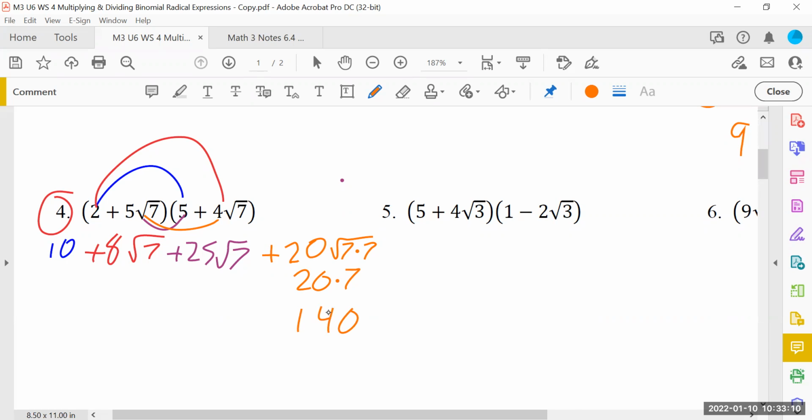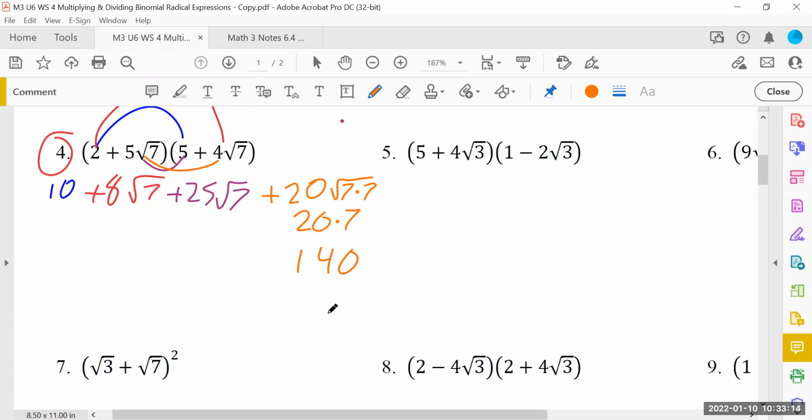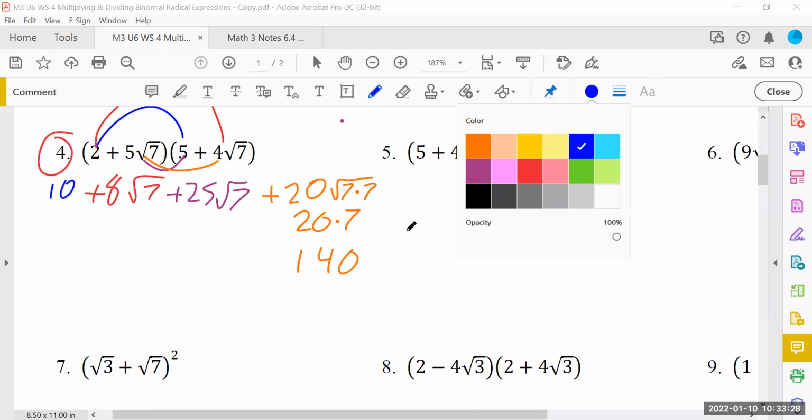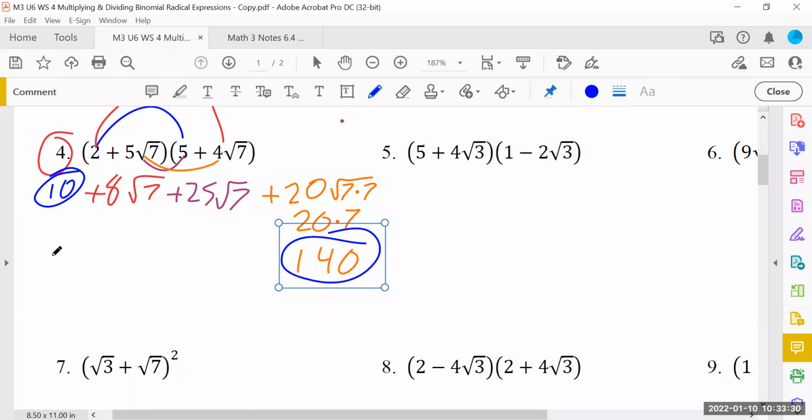So at this point, what can I actually combine? Ethan Rocco, what can I actually combine? All right, so 10 and 140, what does that make? Is everybody good there? 140 plus 10 makes 150. And then we've got one more piece to put together here.